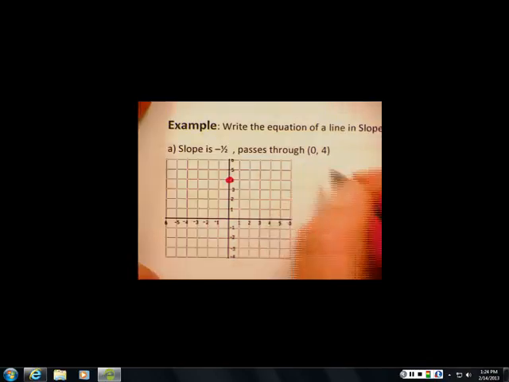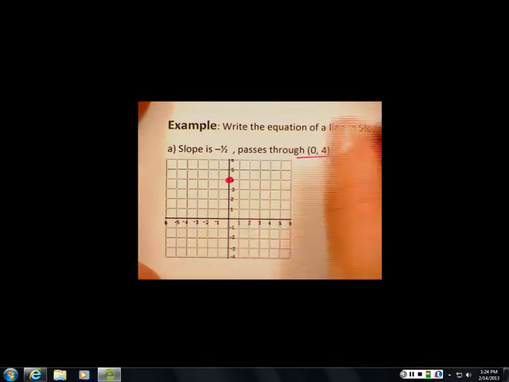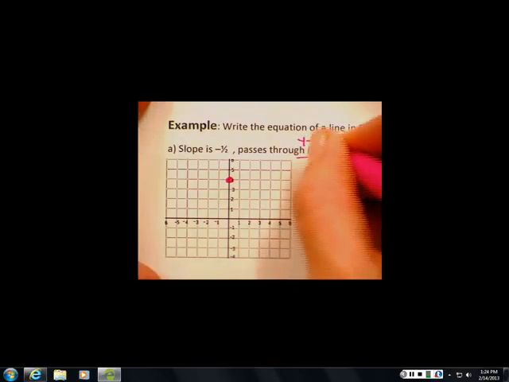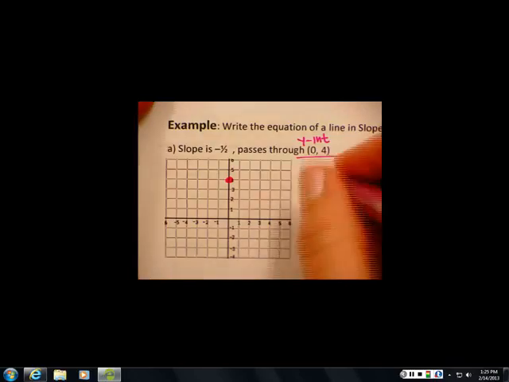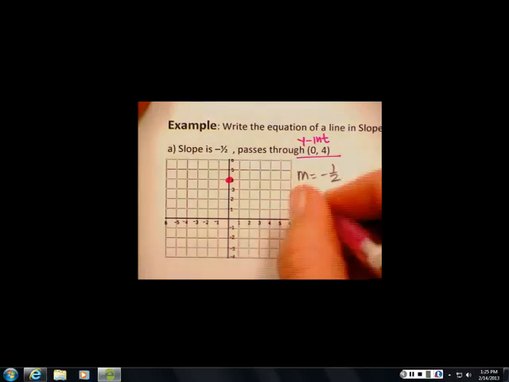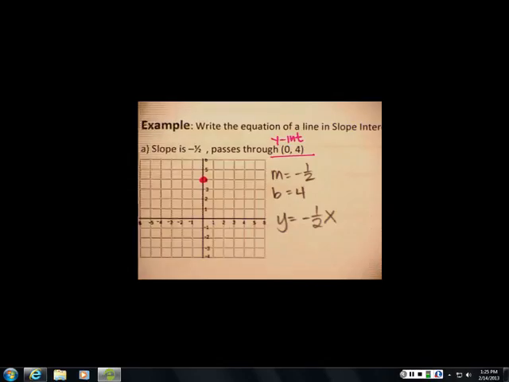So if I tell you that a line passes through 0 something, this is going to be the y-intercept. And what this tells me is that m is negative 1/2, b is negative 4. So when I write my equation, it's going to be y equals negative 1/2 x, be sure to include the x, plus 4.